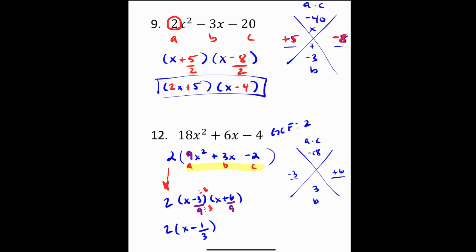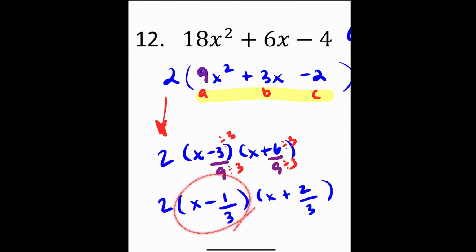And then over here, that x plus 6 over 9, yes, we have to reduce that fraction, and that is easily reducible because we can divide this by 3 and that by 3. So that will give us x plus 2/3. Now, if we look at this factor, 3 doesn't go into 1. So what do we have to do?